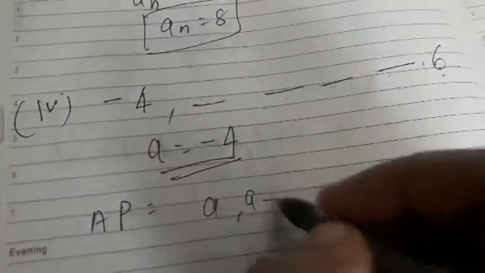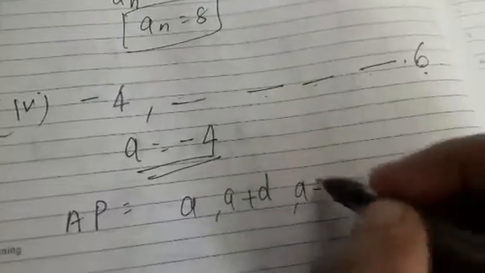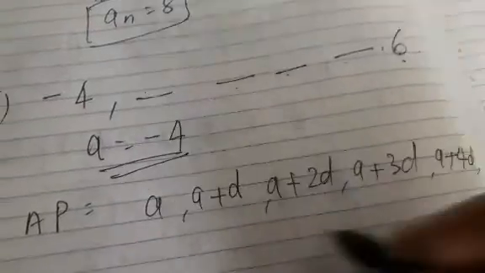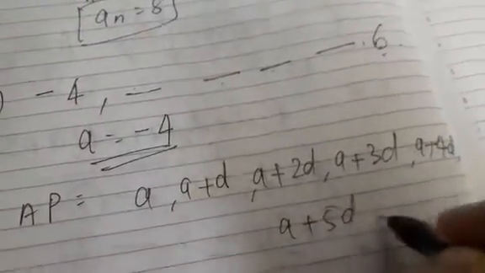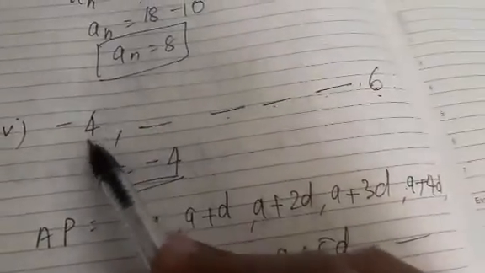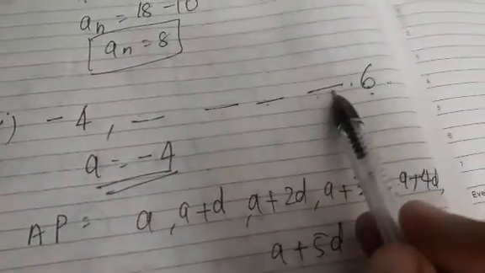So the AP says that a plus d, a plus 2d, a plus 3d, a plus 4d, a plus 5d. So therefore we want 1, 2, 3, 4, 5, sixth term.